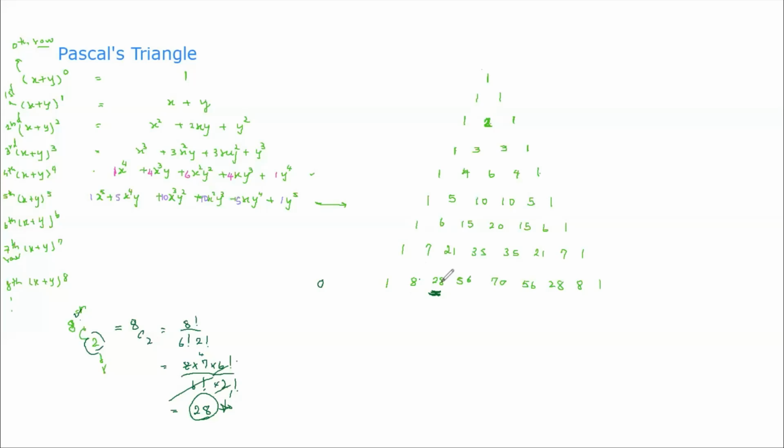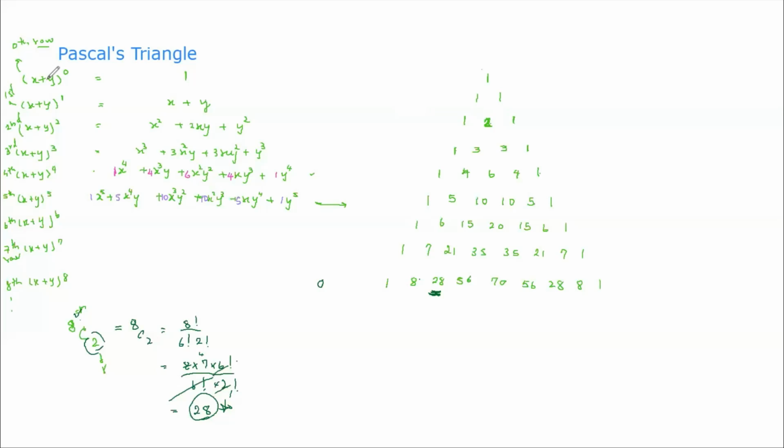Now we're going to see the relationship of this to combinations, another way to look at the Pascal triangle. If we write it in combination form, this one is always 1, correct?